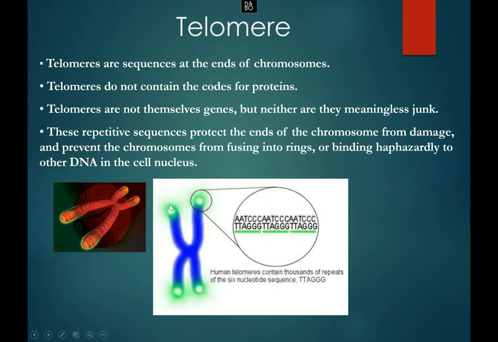It keeps it from unraveling. It keeps these arms from making inappropriate bonds, fusing into rings, or attaching to other pieces of DNA. Because, again, I'll say it a million times, when you think about cells dividing, you need two perfect copies so that each cell ends up with one perfect copy.